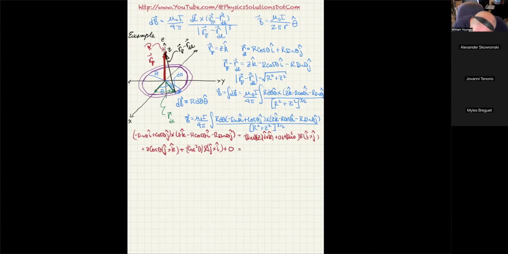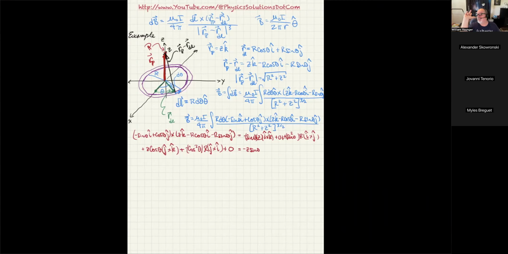Now I can simplify this a little bit. I'm going to have negative z sine theta, and i hat cross k hat. You can use the right hand rule: the i hat is in the x direction, so that's out of the board.